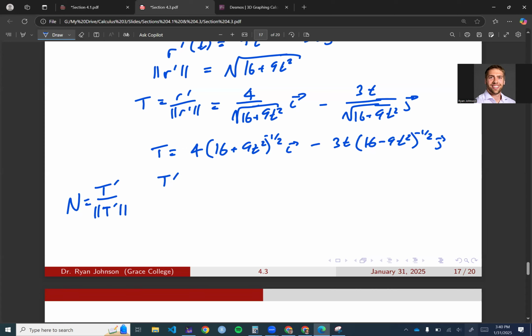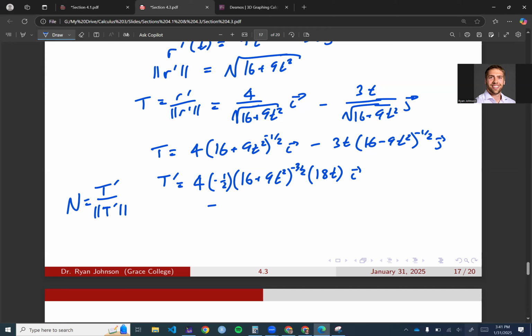So T prime then is going to be 4 times negative 1/2 times (16 plus 9t squared) to the negative 3/2 times, with the chain rule, 18t i. And then let's do the j term next.